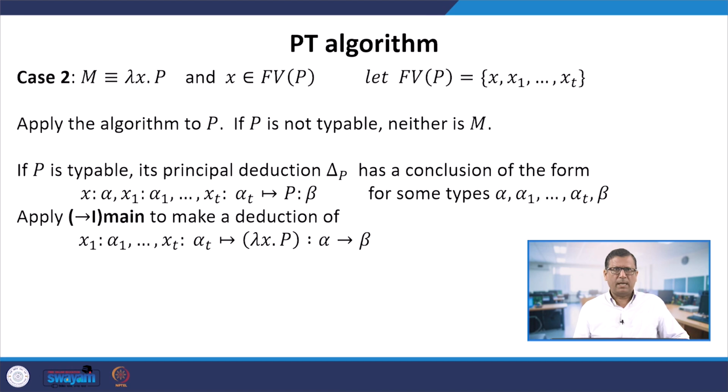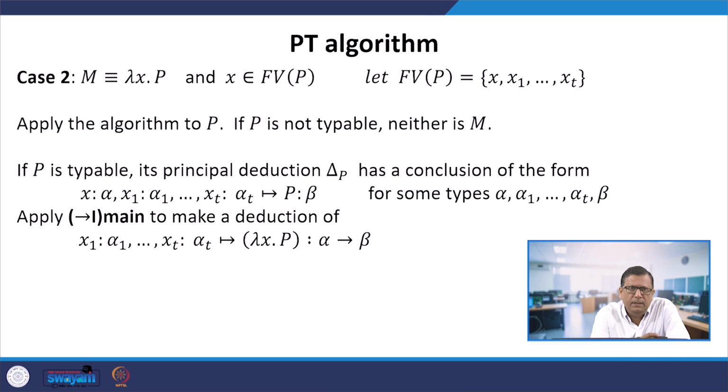Now case 2 is abstraction. So we have M is lambda X dot P, and X is a free variable occurring in P. And let the free variables be X, X1 to Xt. Now we apply the algorithm to P, and if we find that P is not typeable, then M will also not be typeable. Now suppose P has a type.